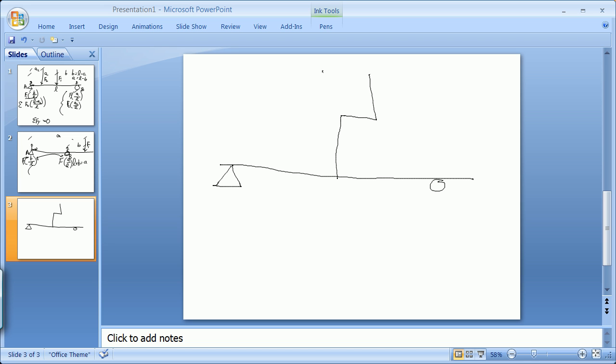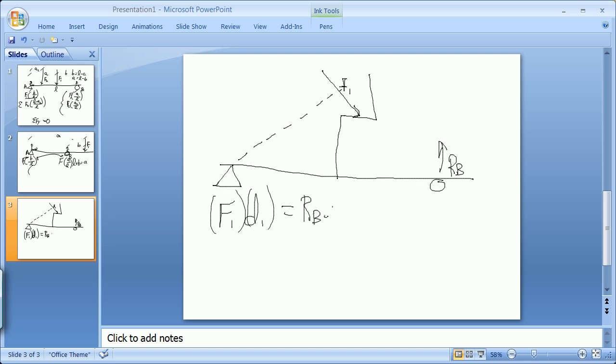and there is a force here, if you are not confident in using CAD to say that F1 times the distance here, which is the moment arm distance, equals the reaction at B times the span, please make a comment on the video.